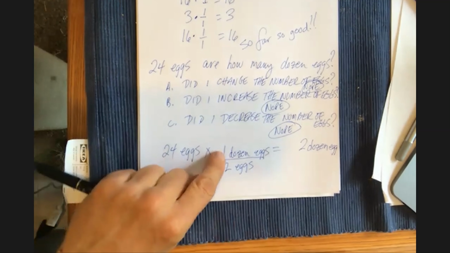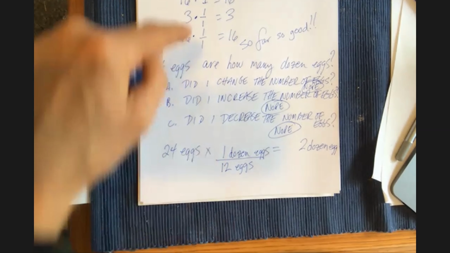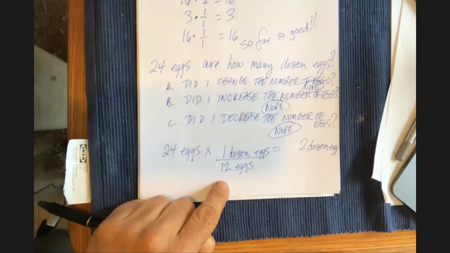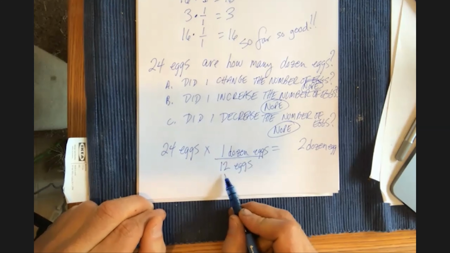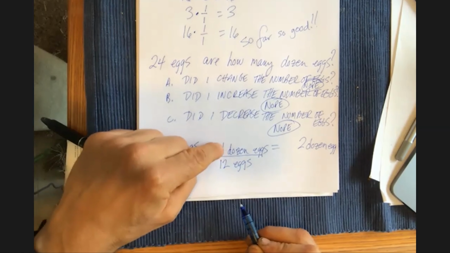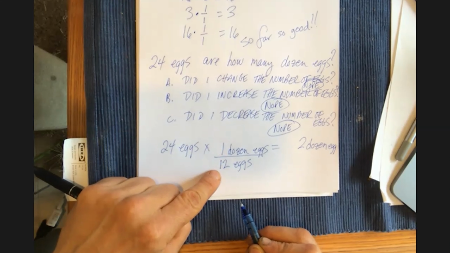This thing, sure, it has the number 1 and 12 in it, but what does it really mean? It really means the number 1, because it comes from some ratio, something where it says that a dozen eggs is exactly the same thing as 12 eggs. So the numerator and the denominator here are actually the same thing.